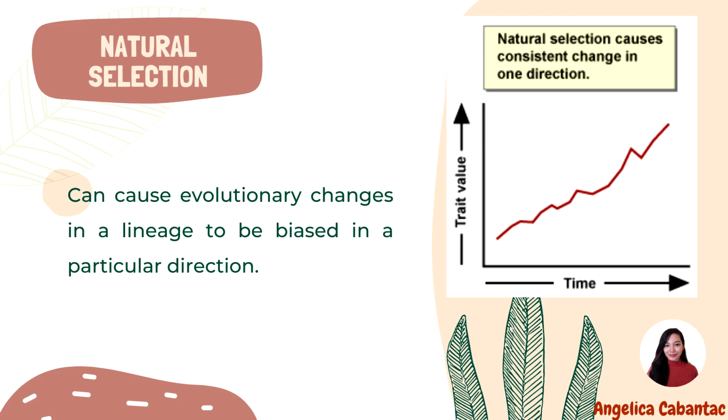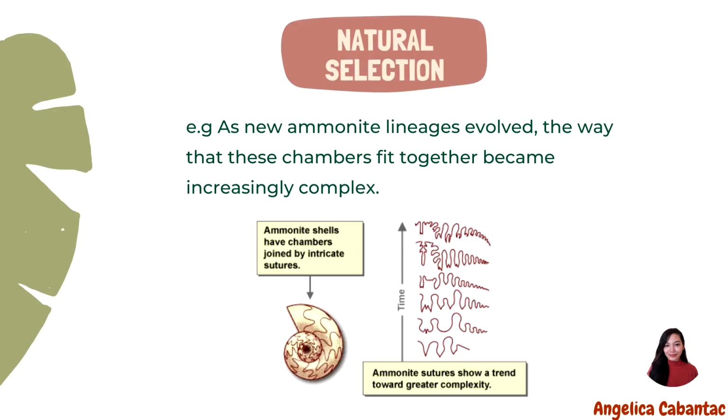Natural selection can cause evolutionary changes in a lineage to be biased in a particular direction. So natural selection causes consistent change in one direction. An example is the ammonites. Ammonites are a clade of extinct mollusks with intricate many-chambered shells.